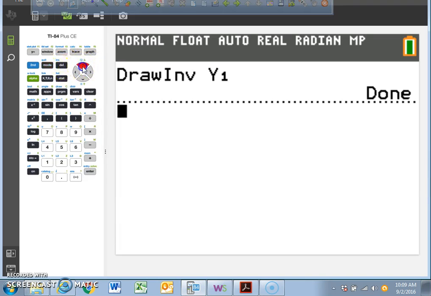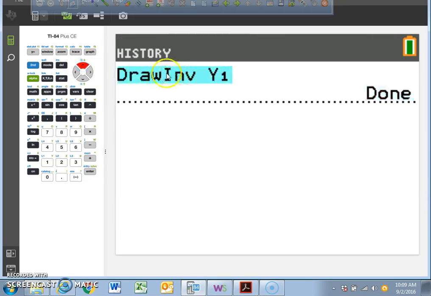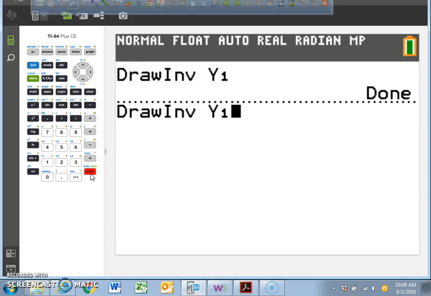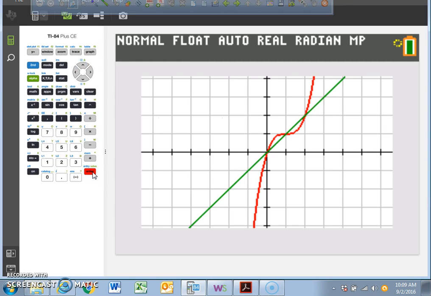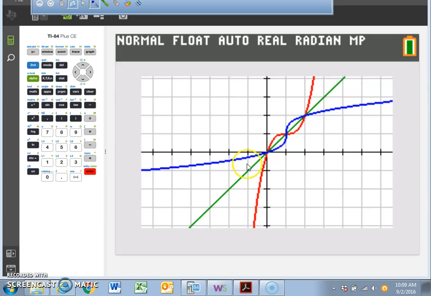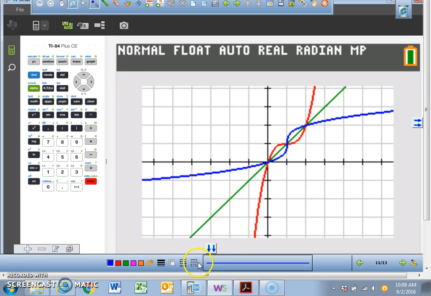All you have to do is scroll back up, highlight where it says draw inverse, press enter, and it'll draw the inverse for you again. So I'm going to label everything so you know what is being drawn here. You said go back and then just hit enter? No, I said scroll up to where it says draw inverse, press enter, and then enter again.